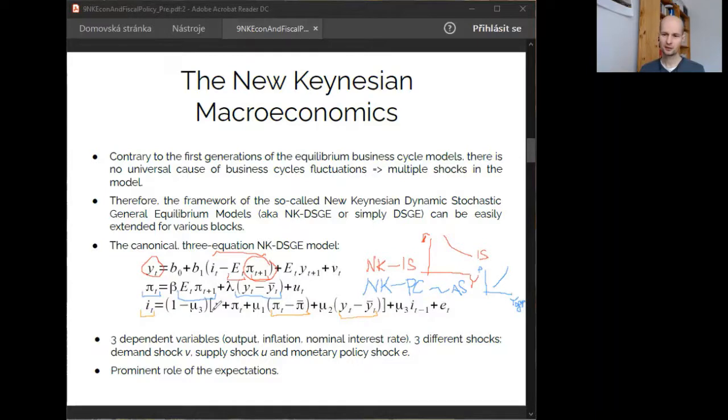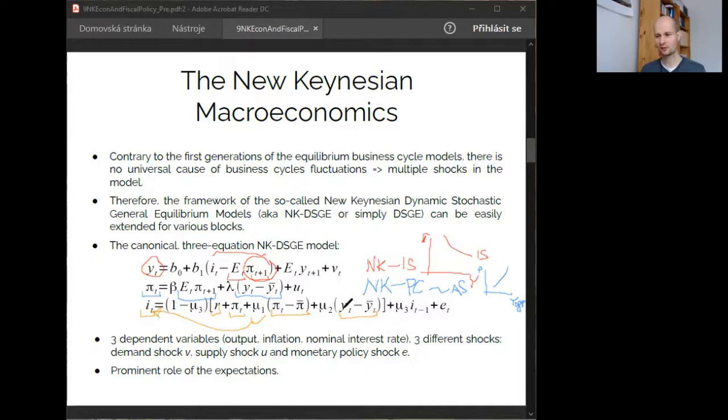R is here the real interest rate, and inflation is here once more, so that the nominal interest rate should correspond to a sum of real interest rate and inflation. And this monetary policy rule sets that if there is some deviation between inflation and inflation target, then the monetary policy shall react to this difference by raising the nominal interest rate.